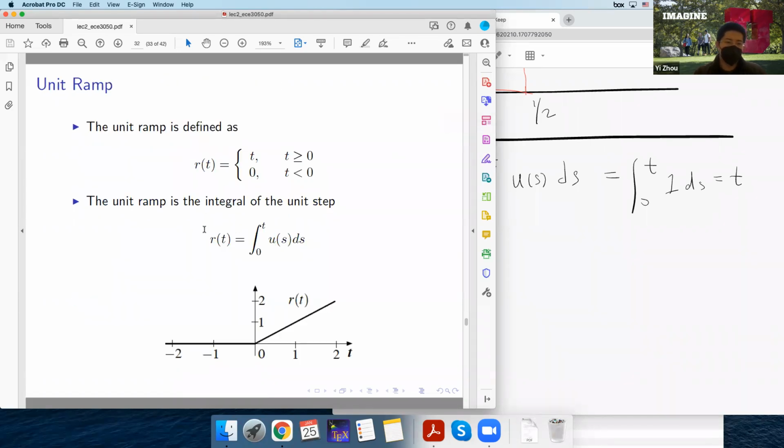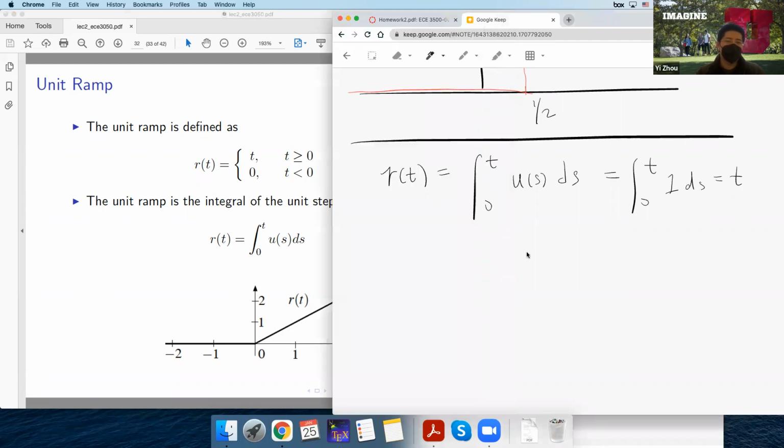And on the other hand, because it has this relation in terms of integration, we can say that u(t) is the derivative of this ramp function. Right?